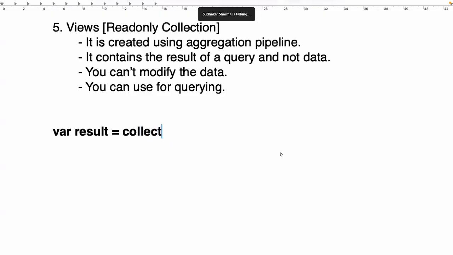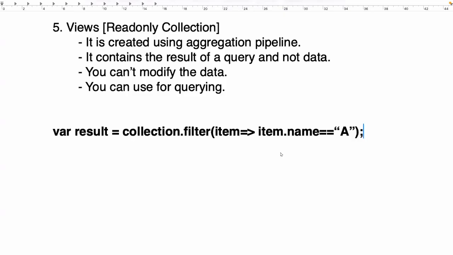We have a collection, we have a filter. What we will do, filter item dot name is matching with a, am I right? Now what this query is going to do, it will filter the data from that collection and get the result and store it inside the result.